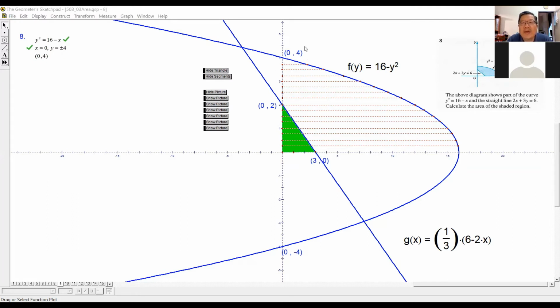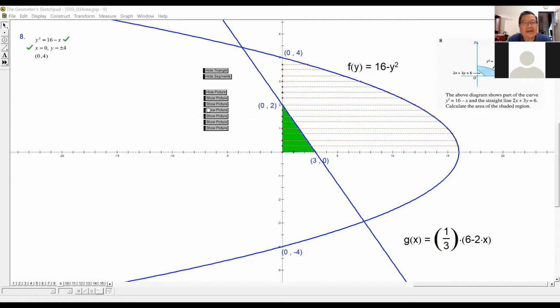Because one point is here at the top, 0, 4, and another point is at the bottom. We are only interested in the point at the top, 0, 4. The 0, negative 4 we are not interested in because it is not within the shaded region, so you just ignore it.